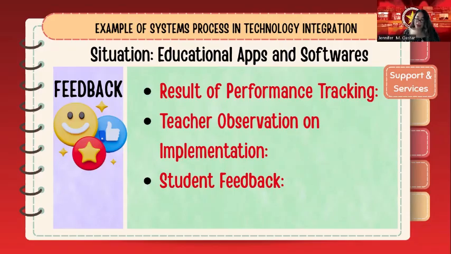Then teacher observation, observing how students interact with the apps and software in the classroom. And student feedback, gathering feedback from students on their experience with the apps and the software. Which apps would they find difficult to deal with, and which are the user-friendly apps. So they can give feedback on that.